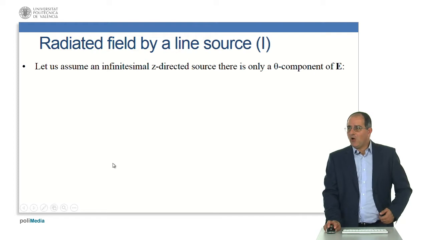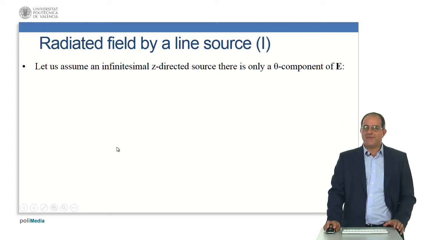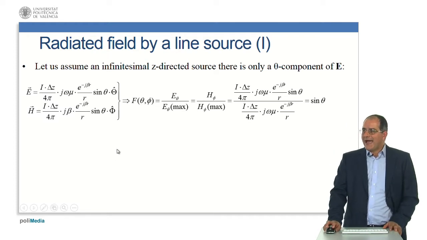So, if the goal is to find out which is the radiated field by a line source, I can say that the radiated field by an infinitesimal line source will be given by this expression from here.